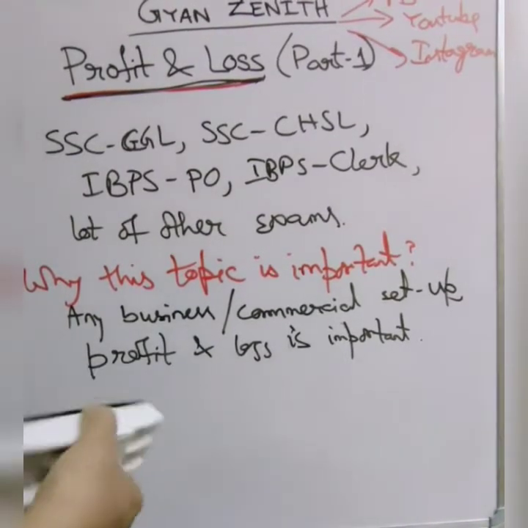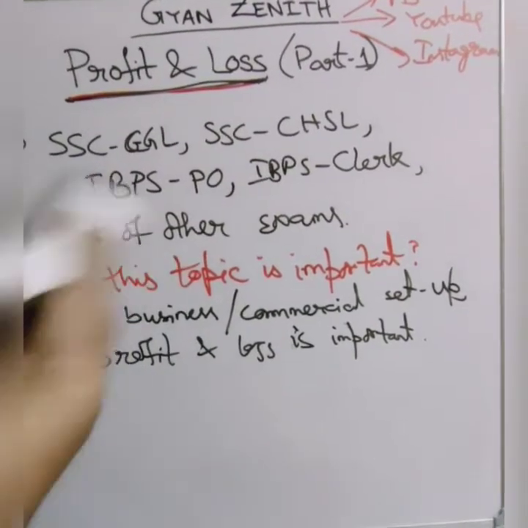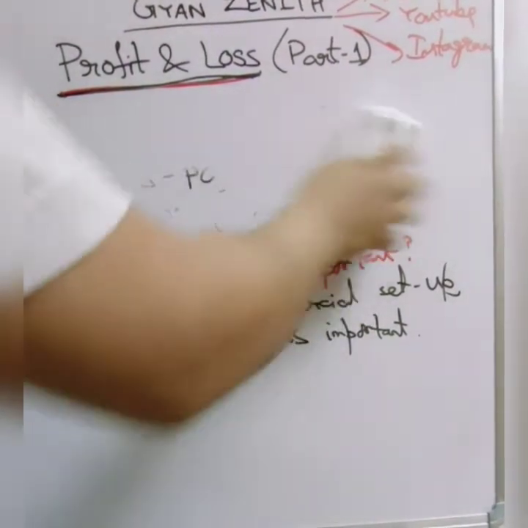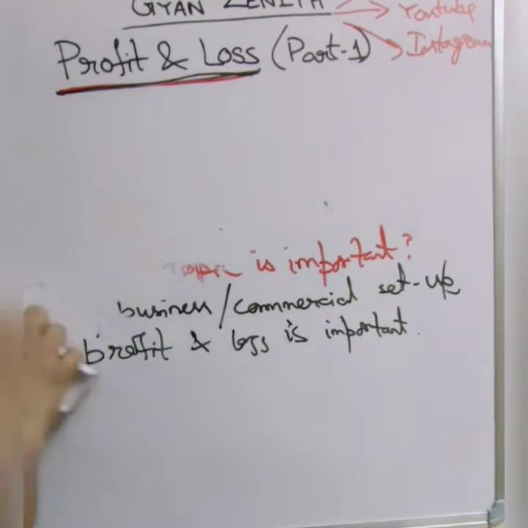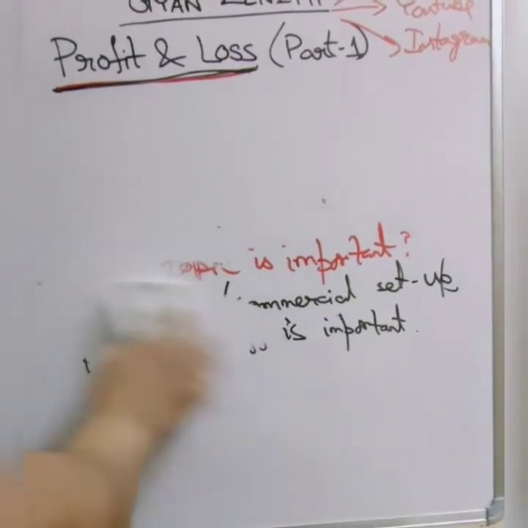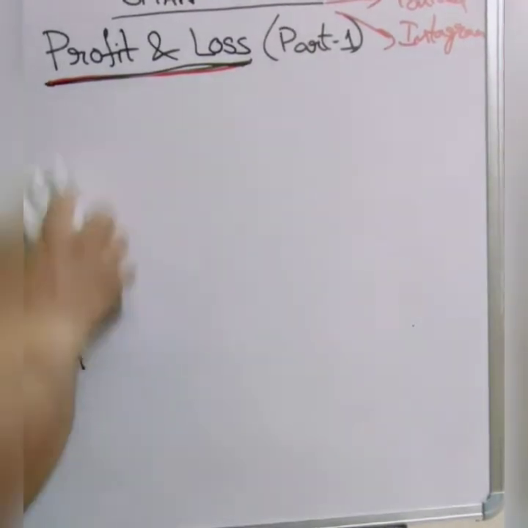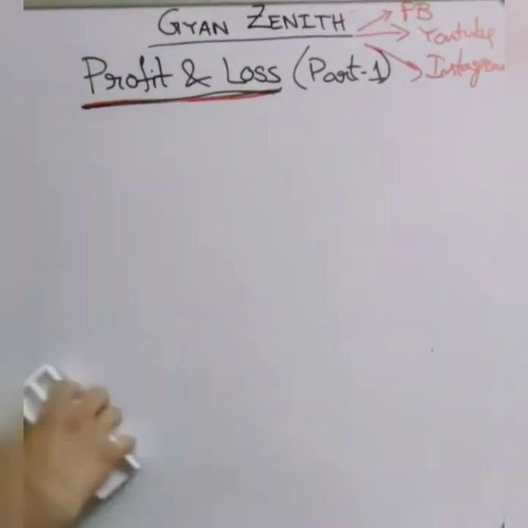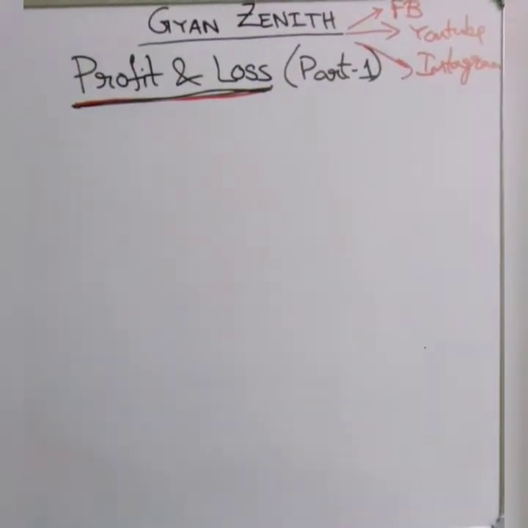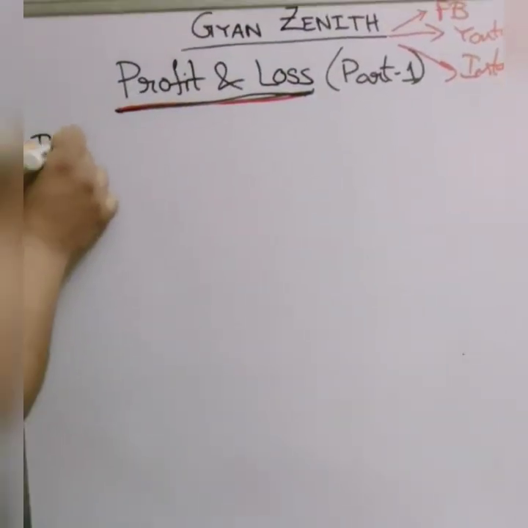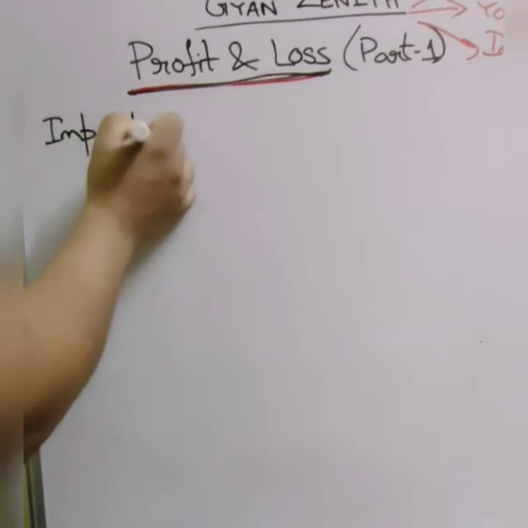So now, shall we move? Let us go ahead with some of the important terms related to this chapter. So we should see which are the important terms in this chapter.